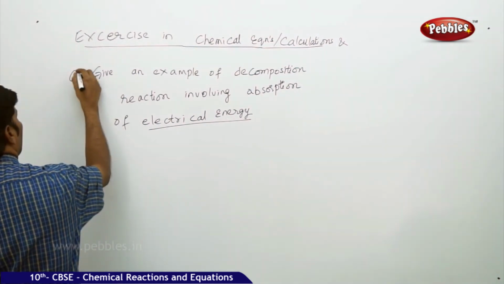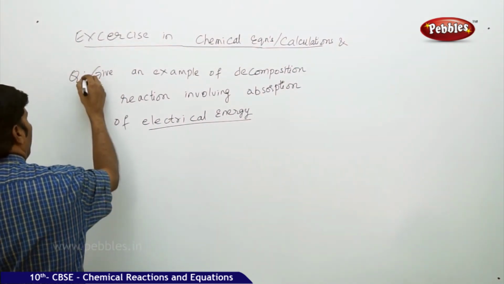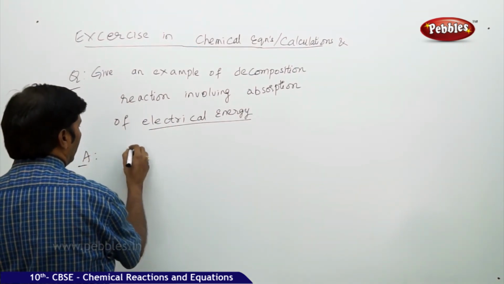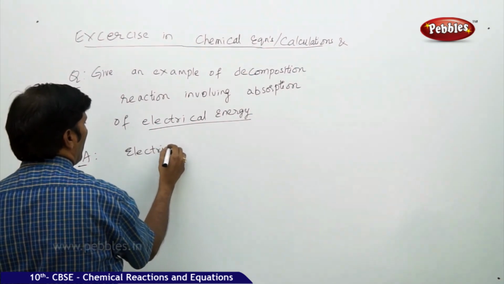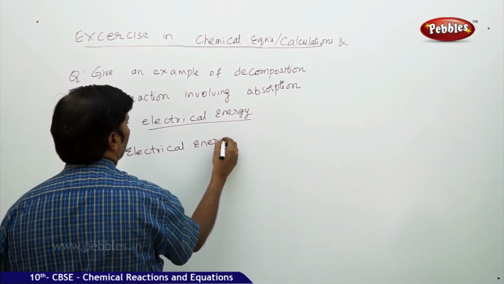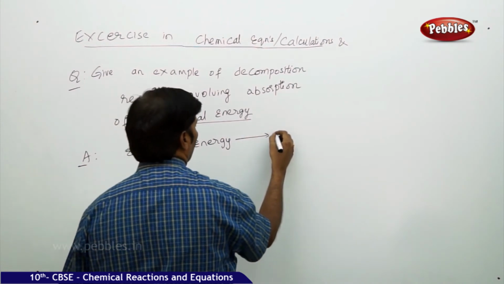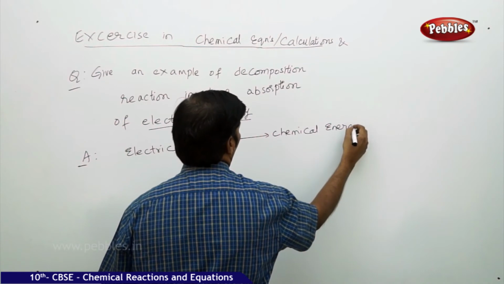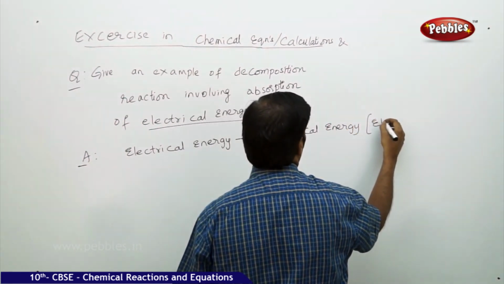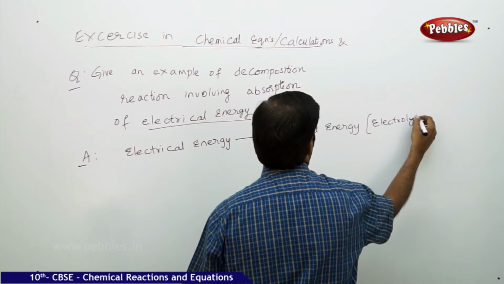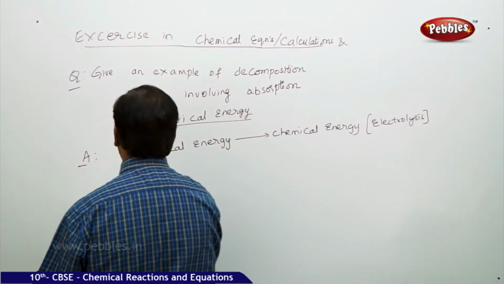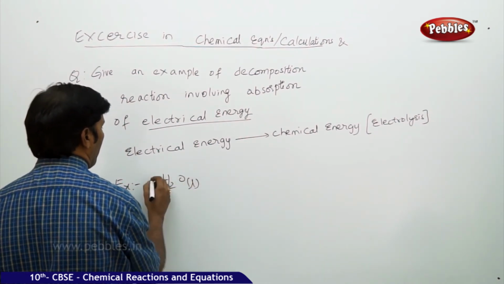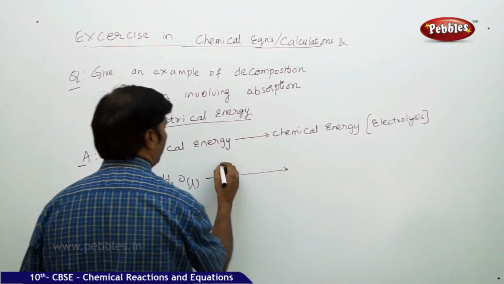The answer for this is, if the electrical energy is converted to chemical energy, the process we call electrolysis. Example, you can take water, liquid, 2 molecules of water, subject it to electrolysis.